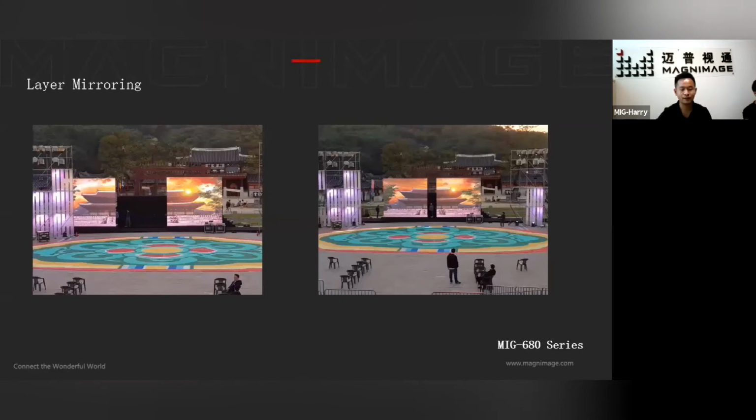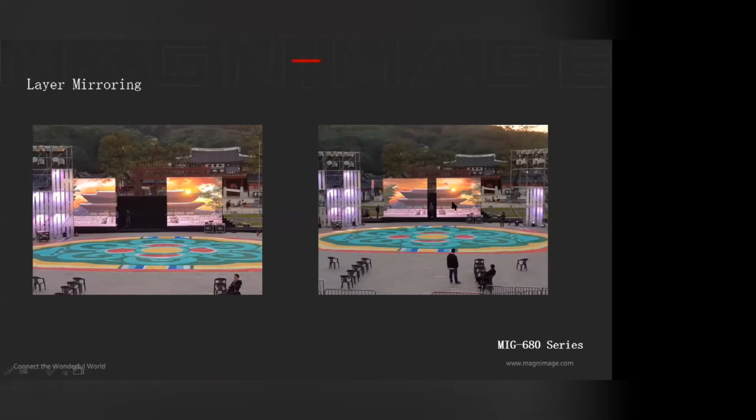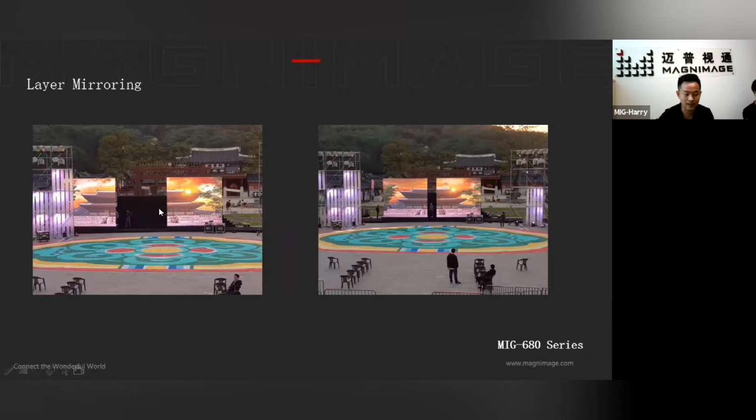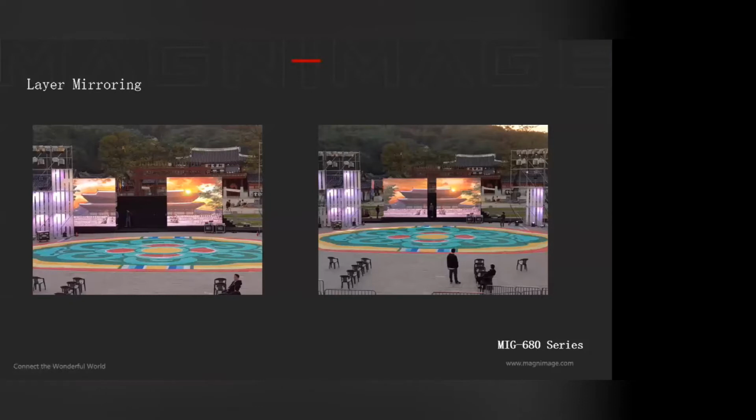This is one of the real cases we have done. These two screens are movable. You can move them left and right, open and close. Just imagine that here and there are two wings. One person comes out from the middle.